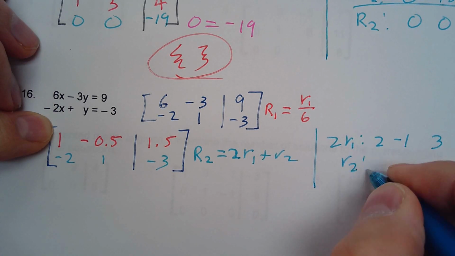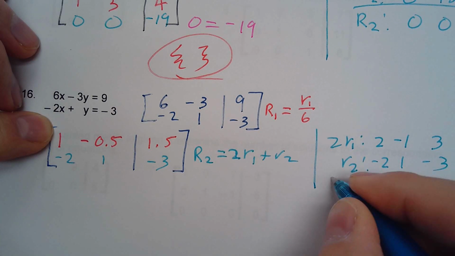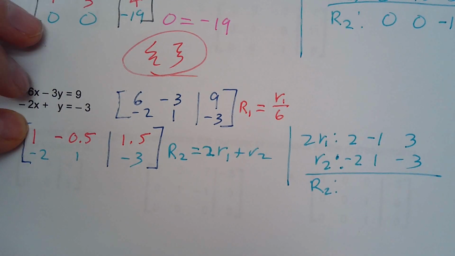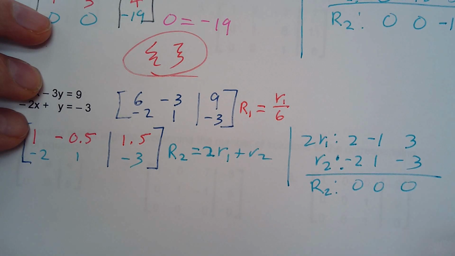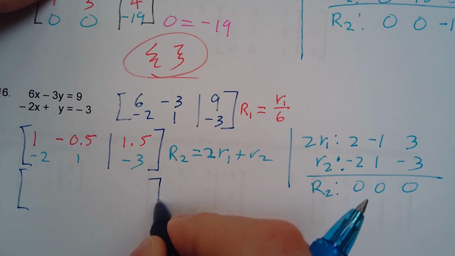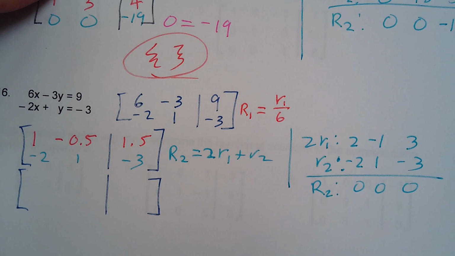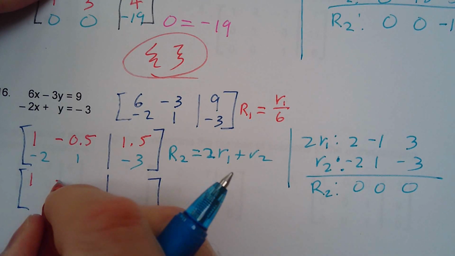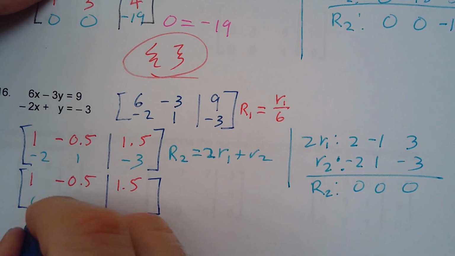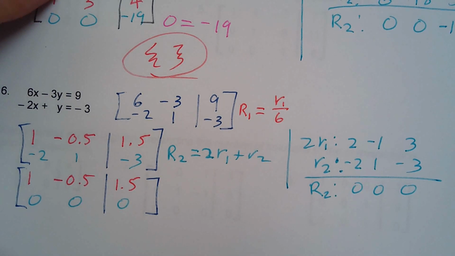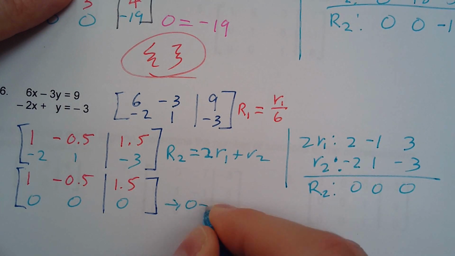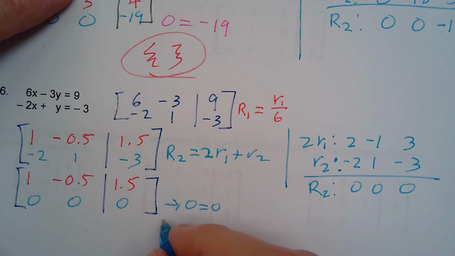My row 2 is negative 2, 1, and negative 3. When I add these together, I'm going to get 0 across the board. Well, this is 0 equals 0. That's an identity. That's an infinite number of solutions.